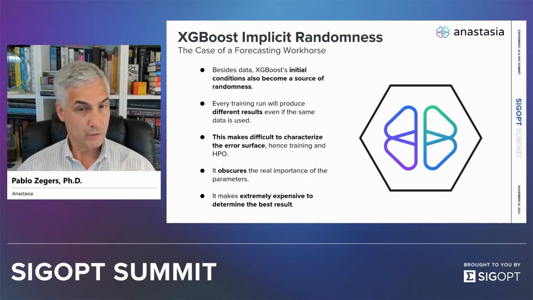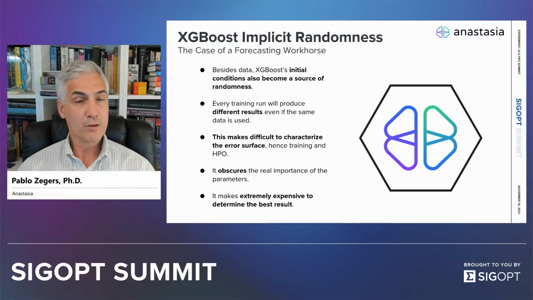The random seeds of the algorithms, every time you run them, even though you may have exactly the same data, produce different results. This means that the error surfaces when you're training, when you're doing the hyperparameter searches, are fuzzy. It is difficult to characterize them.